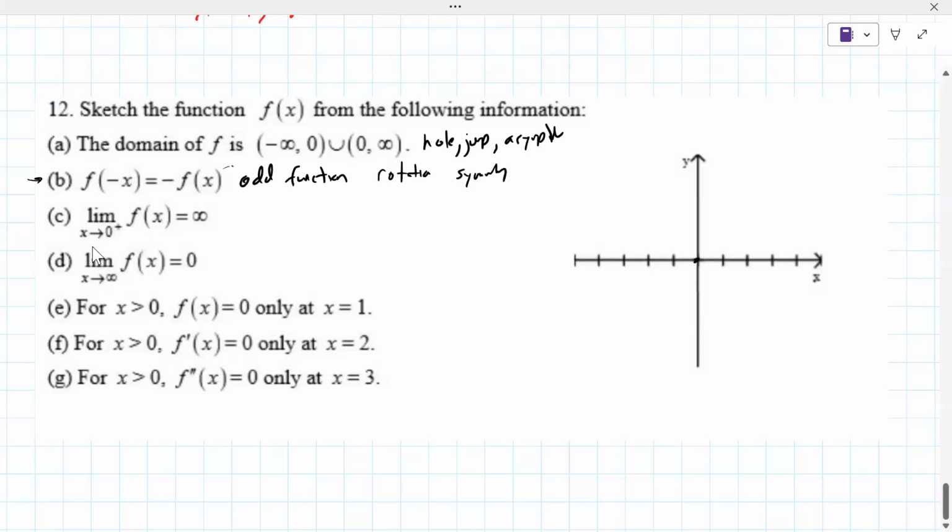How about this one here? Limit as x approaches zero from the right, f of x equals infinity. What does that mean? It goes positive, it's going up. Okay, so that's a vertical asymptote. We know there's probably a vertical asymptote there. What about the limit as x approaches infinity, f of x equals zero?